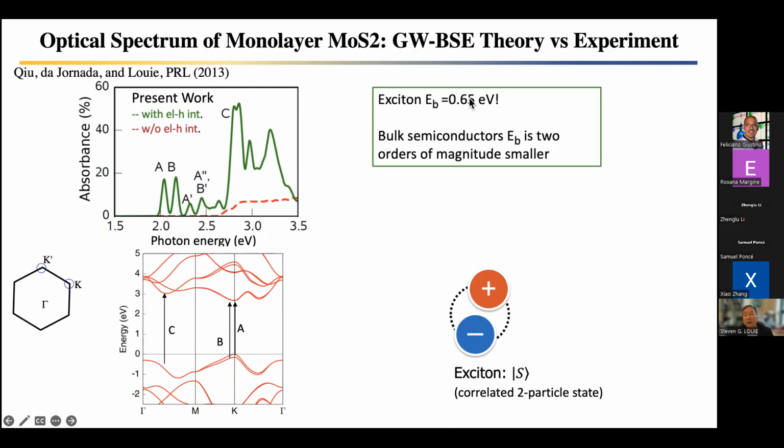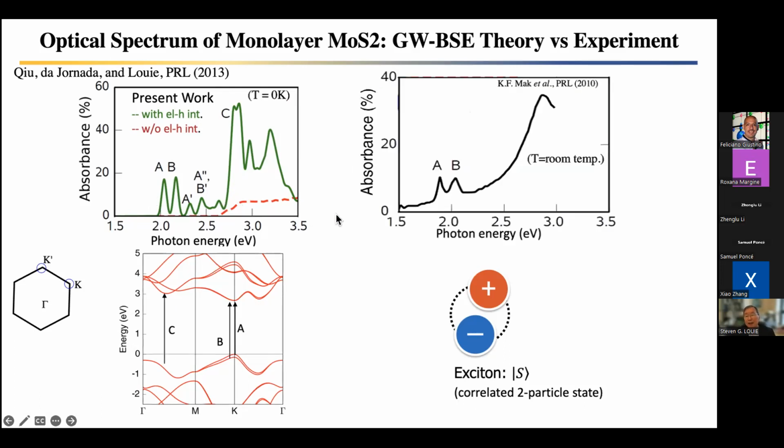And the exciton binding energy, in fact, is very large. It's on the order of a fraction of an electron volt, which is typically a couple orders of magnitude bigger than that of the exciton binding energy in bulk semiconductors with the same band gap.